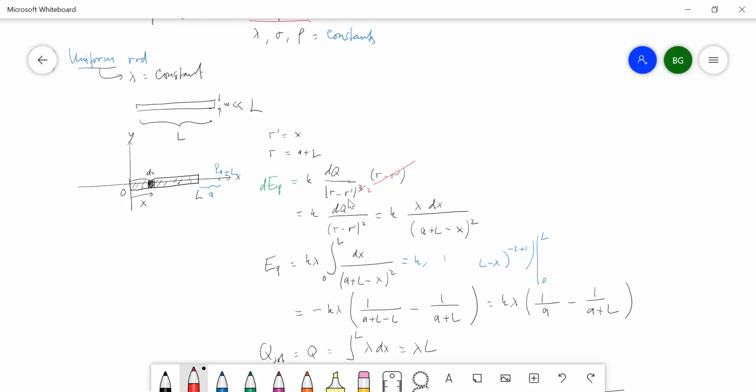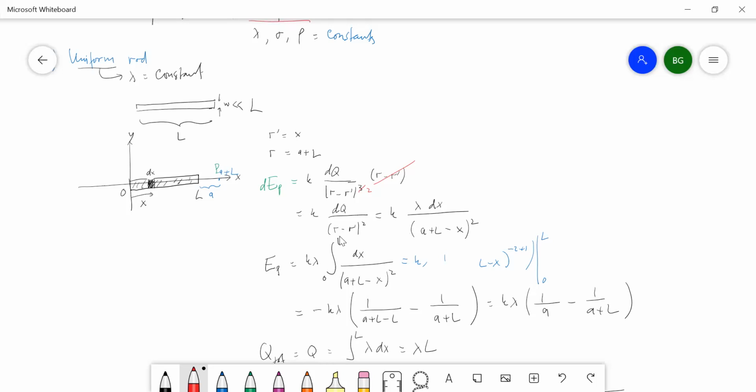Here we have only R minus R1, so we could reduce it: R2 minus R1, the order becomes 2, and then we get this one.